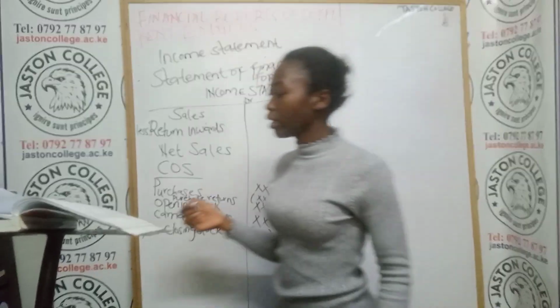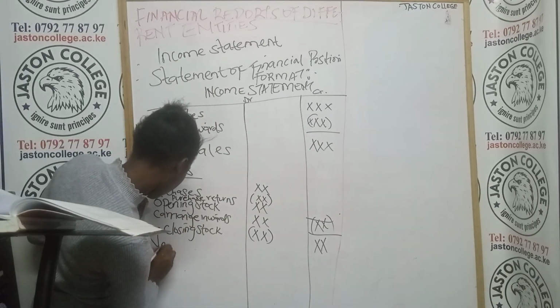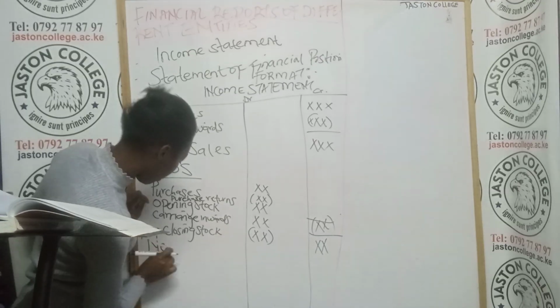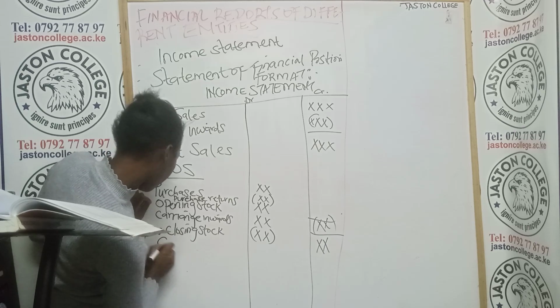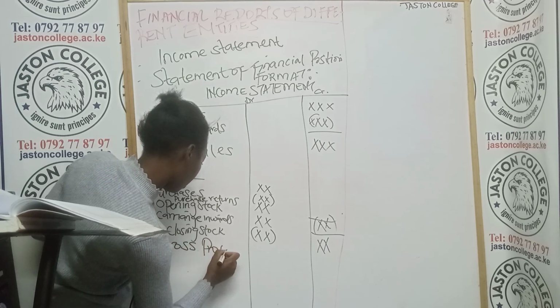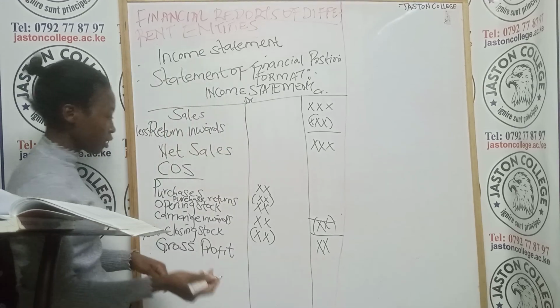Our cost of sales we will get here. This one we call it, no, sorry, we call it our gross profit. So this one here is our gross profit.